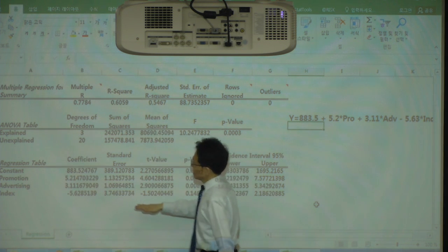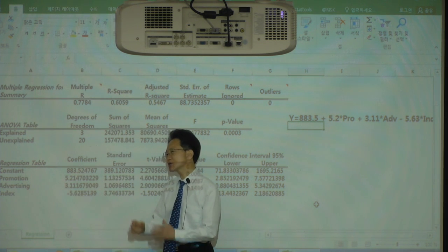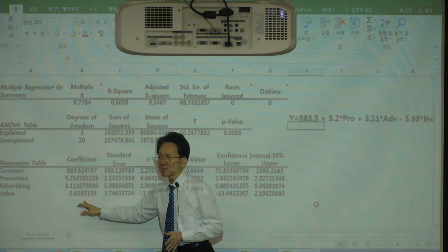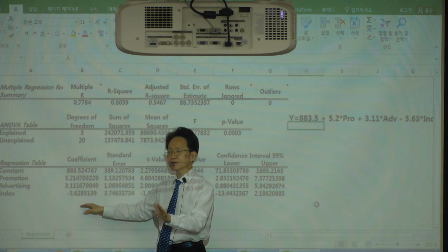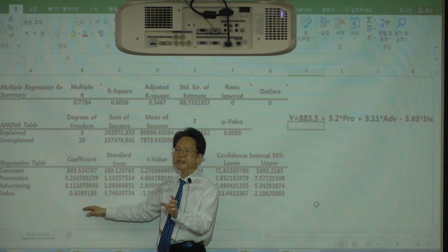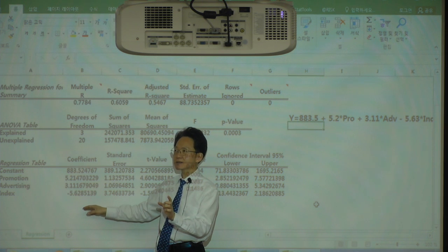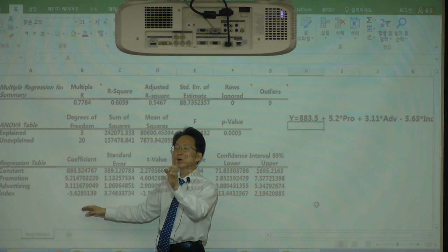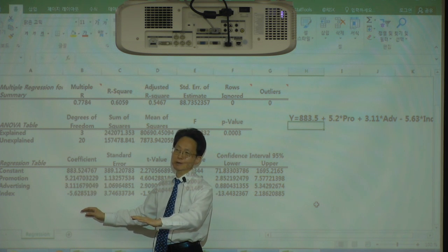And now we have a negative regression coefficient for index, and I would say, okay, there might be a negative relationship between the economic condition and sales of this particular product. And I said this is an inferior good, meaning that when people have more money, they tend to reduce the consumption of the product.